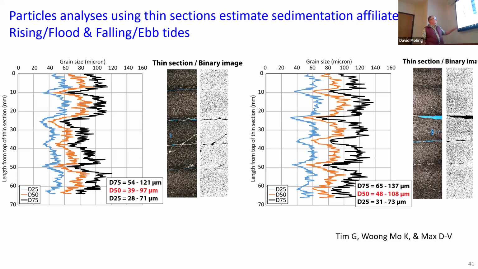These are thin sections, which we used ImageJ to do processing on the silt to sand size, and we could get distributions to estimate grain size this way. Again, the black is D75, so I changed it. This is the median in orange, and D25 in the light blue. And you can see that they also show this change in grain size.